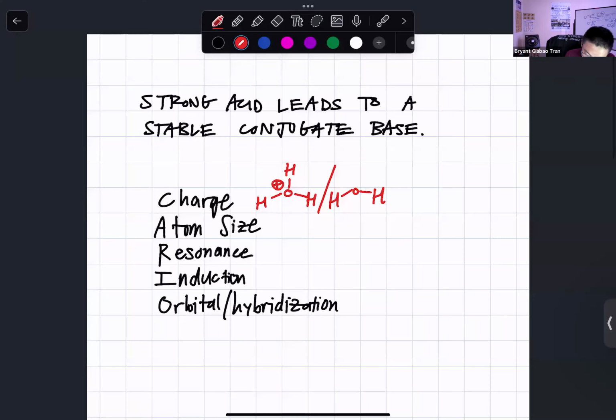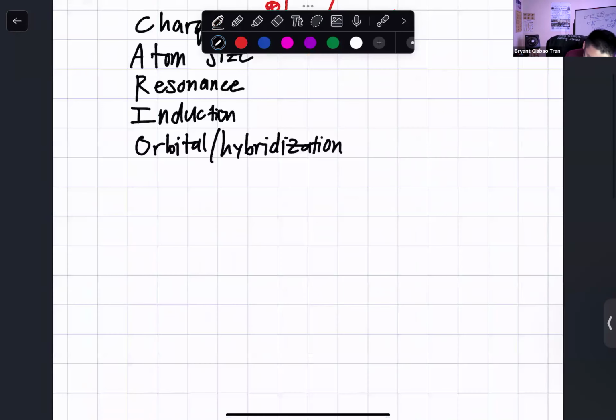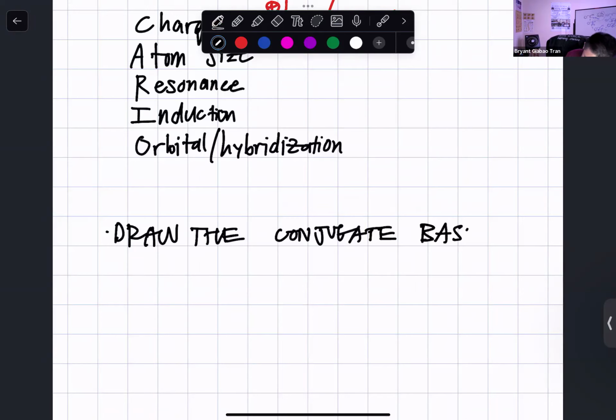So here's the thought process: draw the conjugate bases, the deprotonated versions of the acids, and determine which one is more stable.